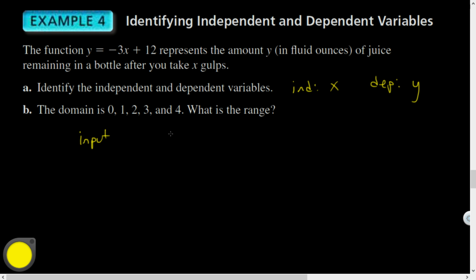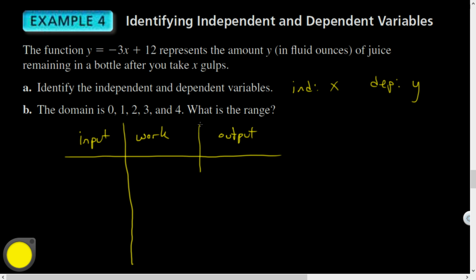Input, output. Actually, let's make a work column. Input, work, and output. I forgot. I almost was just gonna answer the question, then I forgot that they actually gave us an equation up here. Silly me. Okay, so 0, 1, 2, 3, and 4.